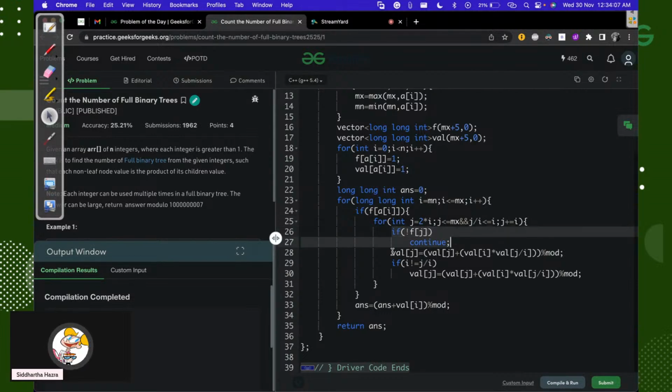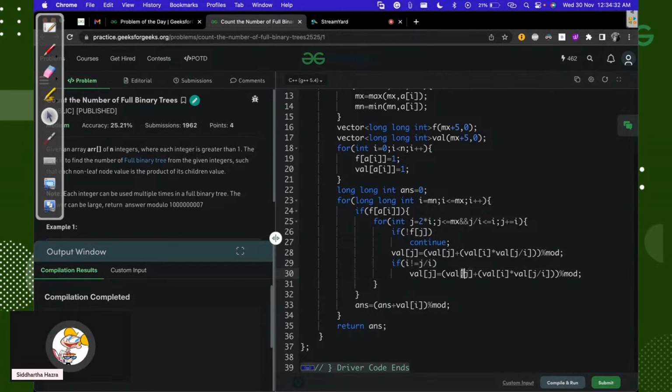So we would continue at this point. Value of j modified to value of i multiplied by j of i modulo mod. If i is not equal to j of i, then value j.